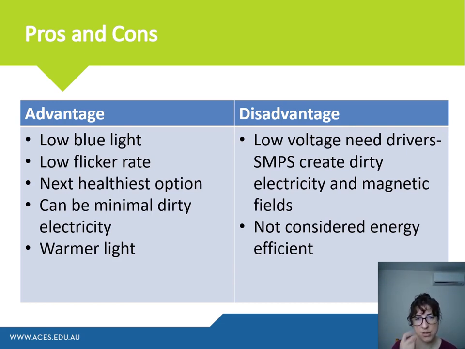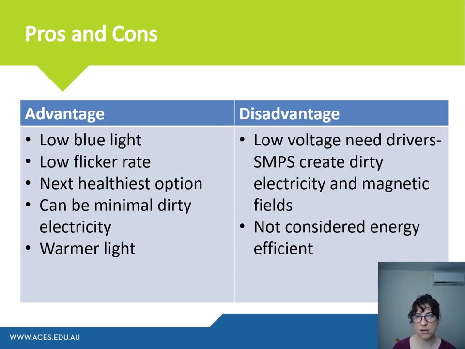So the disadvantages that we need to know about are that when you have a lower voltage, you need drivers. That has a switch mode power supply, which is the SMPS, which means that it's going to create dirty electricity and magnetic fields. That's where it chops up the voltage and creates harmonics and high voltage transients. And that's where we get that other extra EMF hazard.